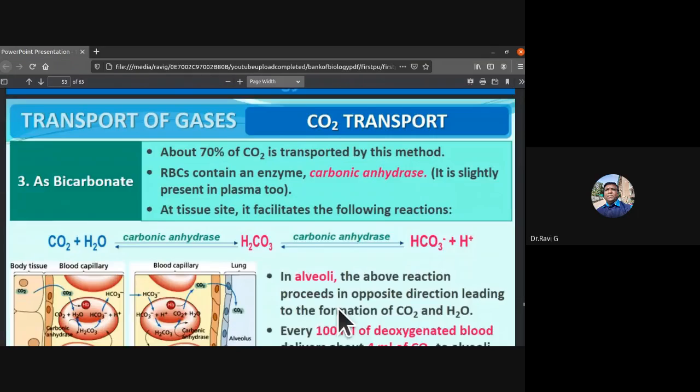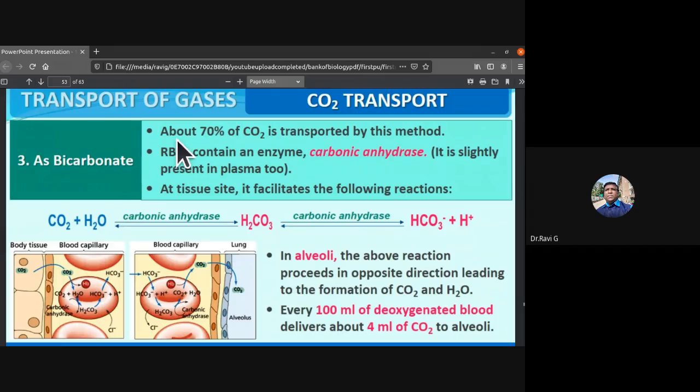The majority of carbon dioxide is carried as bicarbonates. Nearly 70% of carbon dioxide is transported as bicarbonates. The RBCs, the red blood cells, contain an enzyme, carbonic anhydrase. It is also slightly present in plasma. Carbon dioxide and water combine in the presence of carbonic anhydrase to form carbonic acid.